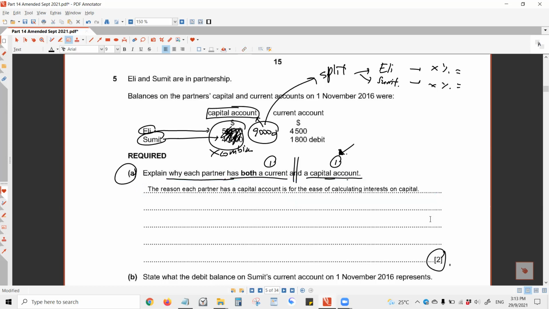Okay, you try to think of an opposite situation. If you combine all the capital amount together, it makes you difficult to calculate interest on capital for each partner. Okay, you add two more words here. For the ease of calculating interest on capital for each partner.